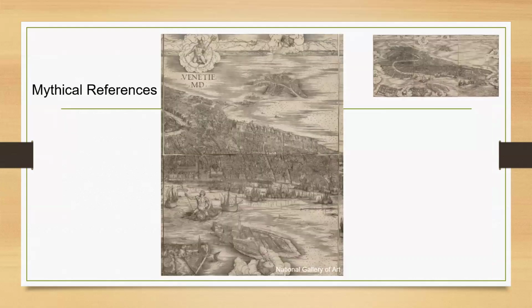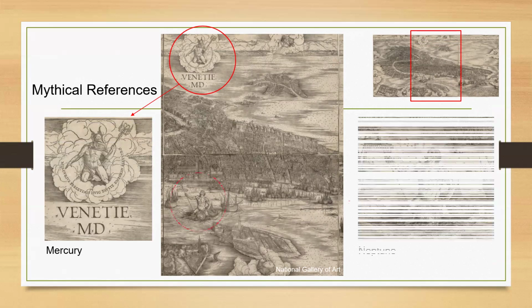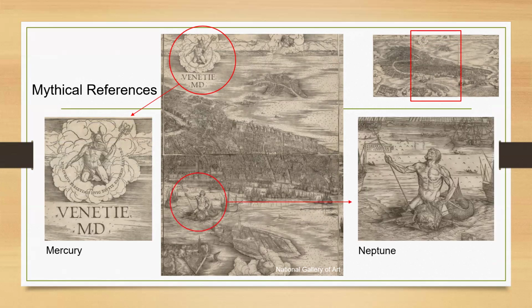And then let's go to the map, and in the middle, you can see the two ancient gods. The first one is Mercury. The next one is Neptune. Mercury is the god of trade. Neptune is the god of the sea. They both watch over the city and protect its inhabitants with good fortune and military wisdom.